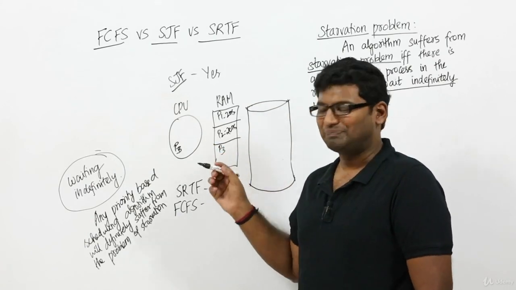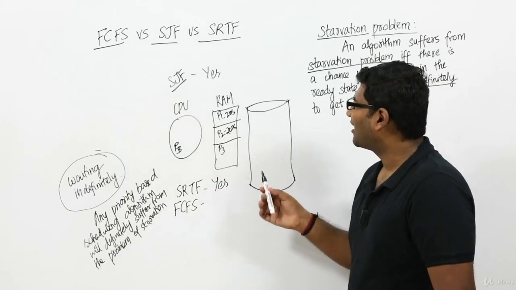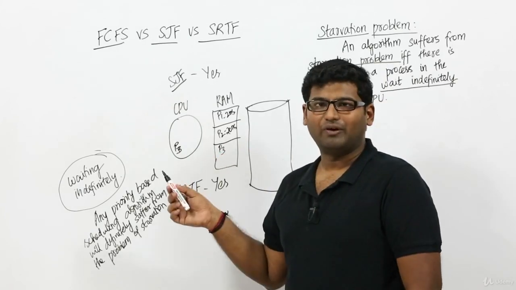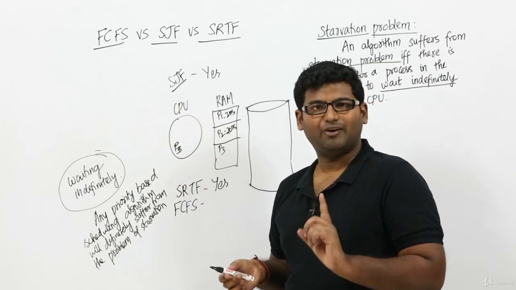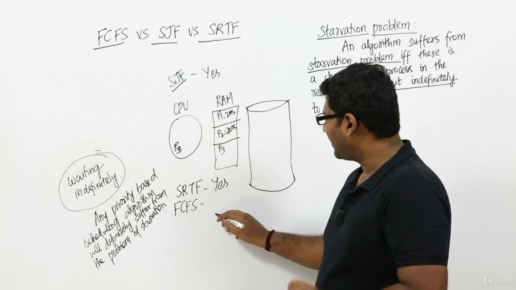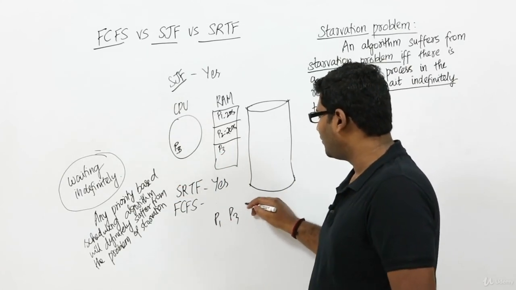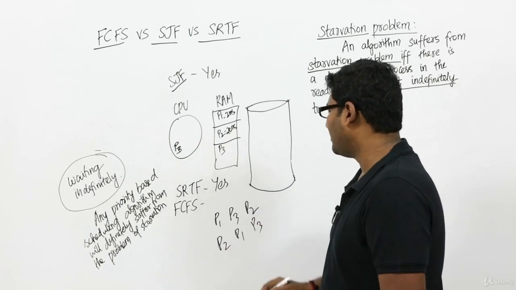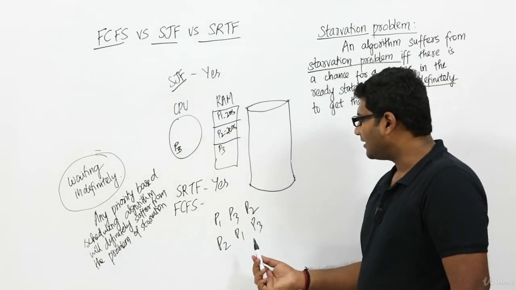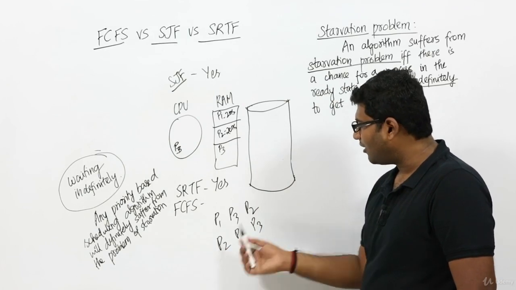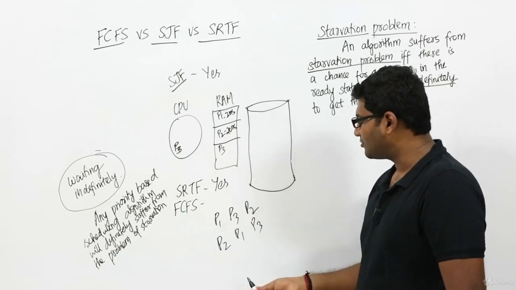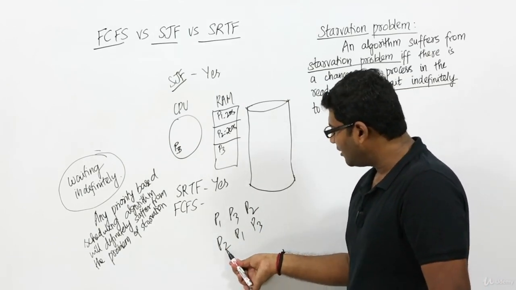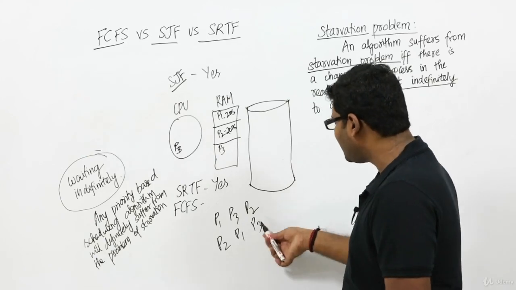Let us assume three processes are coming into the RAM. There will definitely be some order, for example P1, P3, P2, or P2, P1, P3, or whatever it is. The scheduling will be in the same order, based on arrival time, so P2 will be scheduled first, only after that P1, and only after that P3.